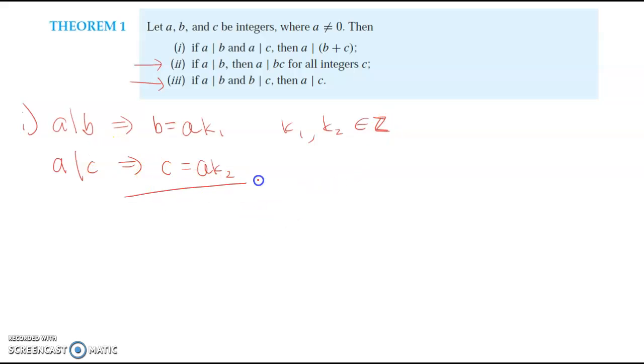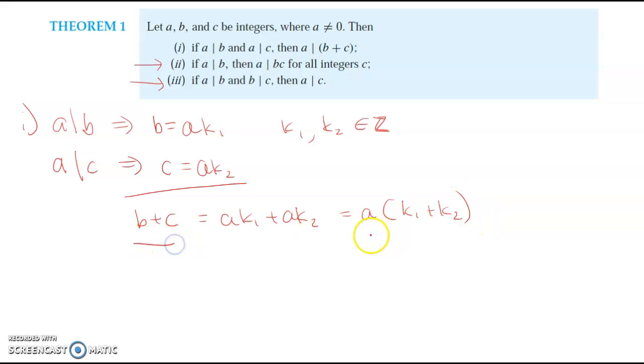From these two equations, let me go ahead and add. We have B plus C equals A K1 plus A K2. You can group this, and that becomes A times (K1 plus K2).